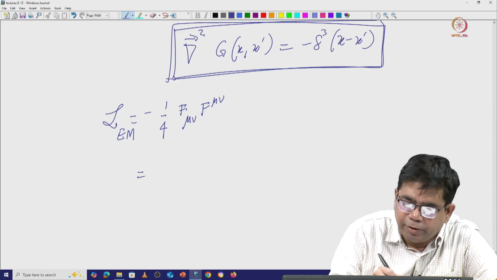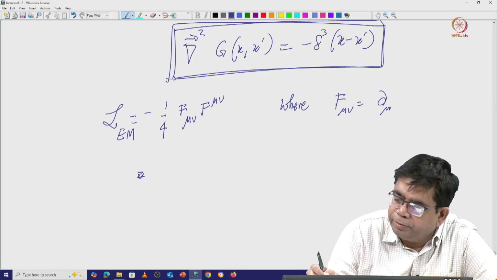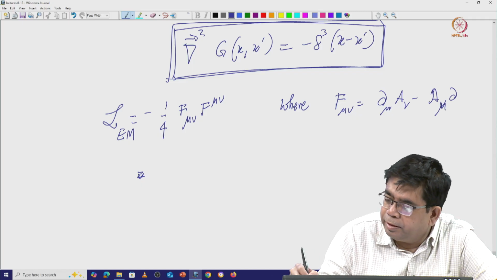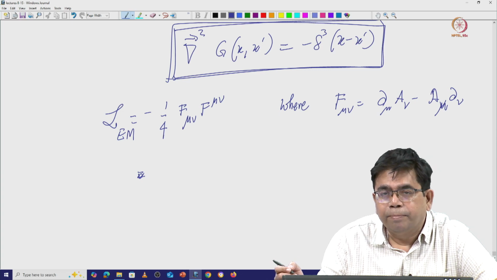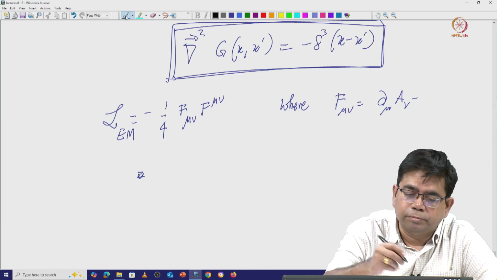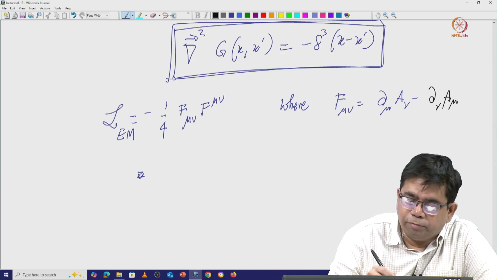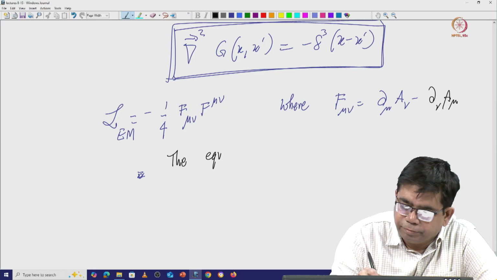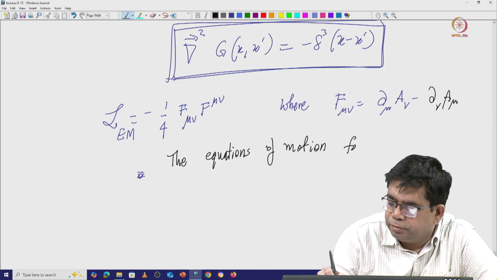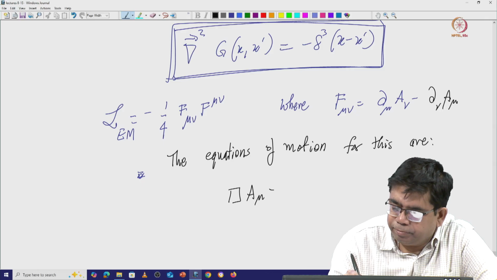Here F mu nu is equal to del mu A nu minus del nu A mu. So these are now the equations of motion, box A mu is equal to 0.